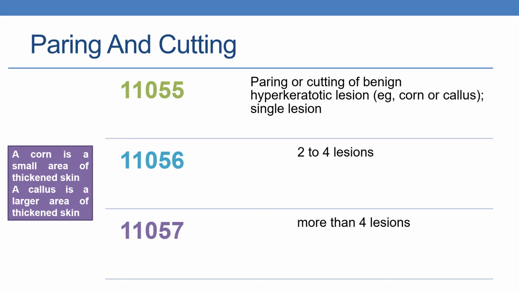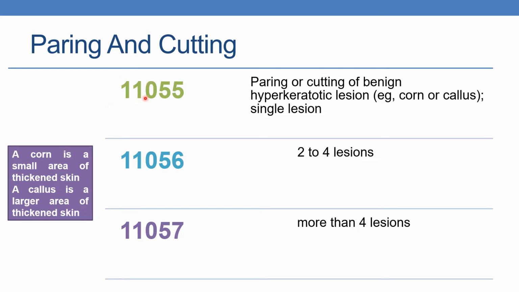Coming to the next topic, paring and cutting. The first CPT is 11055, which is paring or cutting of benign hyperkeratotic lesion, for example, corns or callus, single lesion. So, what is a corn and callus? A corn is a small area of thickened skin, whereas a callus is a larger area of thickened skin.